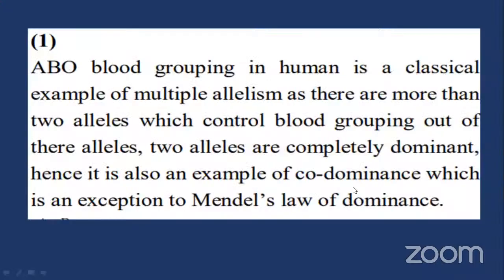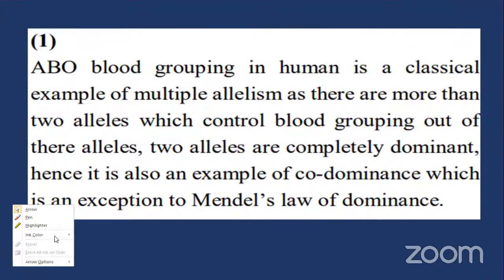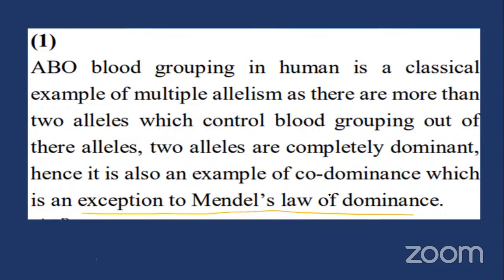Already we saw it. Okay, see, the co-dominance is an exception to Mendel's law of dominance. Note it down. This is my idea. Which one of the examples is an exception of Mendel's laws? Like that, they may ask, and you have to give ABO blood group. Otherwise called multiple allelism.